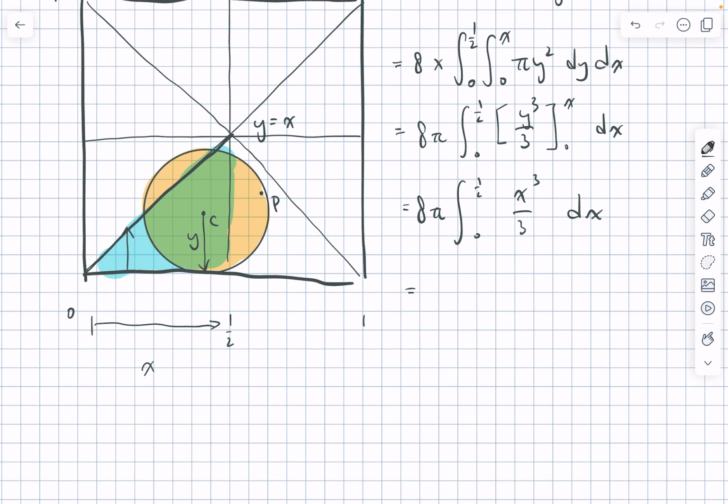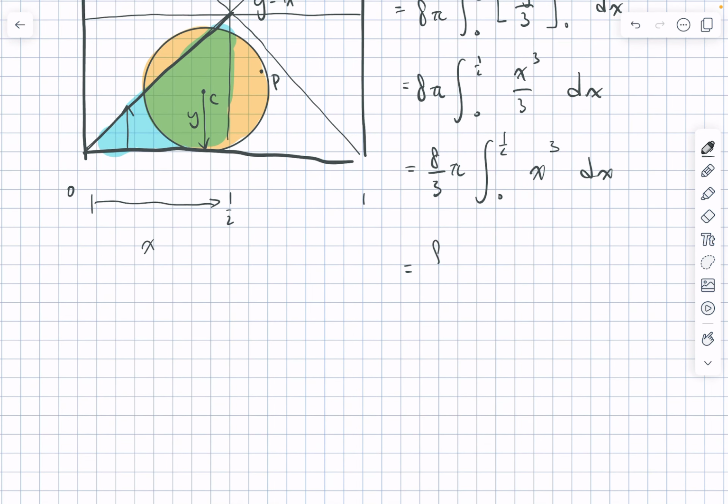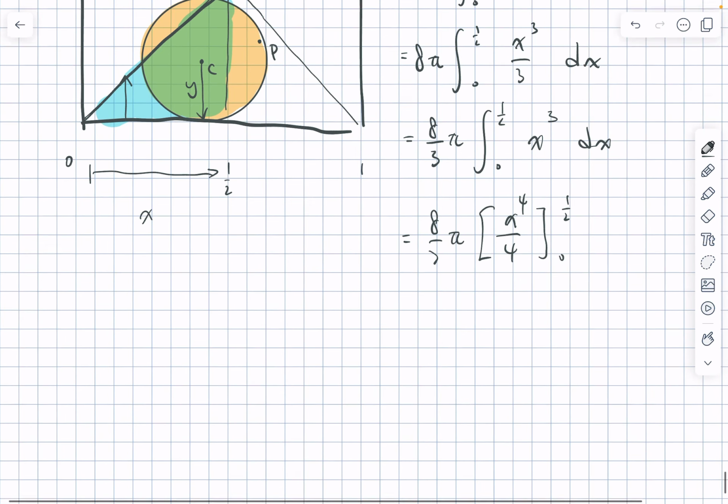Now let's move the 1 over 3 out. So it's 1 over 3 pi times the integral from 0 to 1 over 2 of x cubed dx. To expand that, this is going to be 1 over 3 pi times x to the power of 4 over 4, and it goes from 0 to 1 over 2.